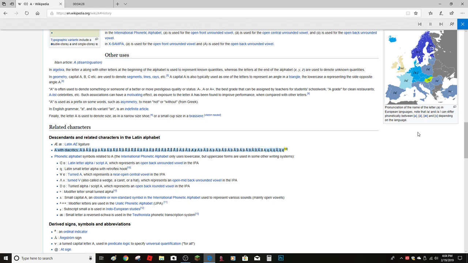Phonetic alphabet symbols related to A. The International Phonetic Alphabet only uses lowercase, but uppercase forms are used in some other writing systems. Latin letter alpha/script A, which represents an open back unrounded vowel in the IPA. Latin small letter alpha with retroflex hook. ɐ, turned A, which represents a near open central vowel in the IPA.